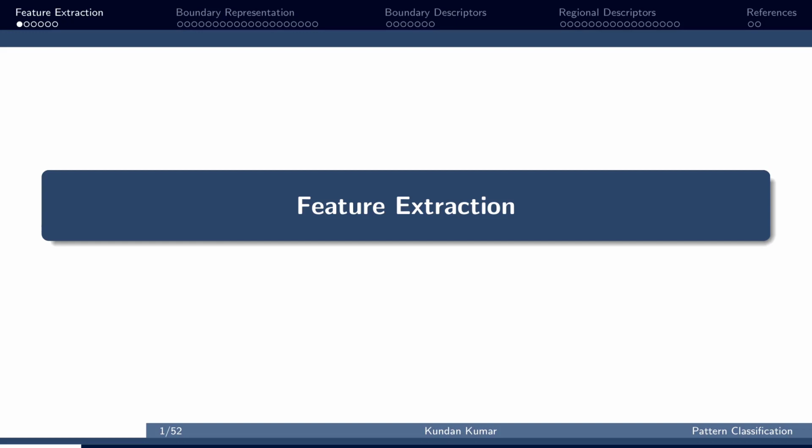Various types of features can be extracted from data, whether it is one-dimensional, two-dimensional, or multi-dimensional data, but the features useful for some application may not be practically applicable in all other applications. In this lecture series, we would be covering the extraction of features with respect to image processing and computer vision applications.